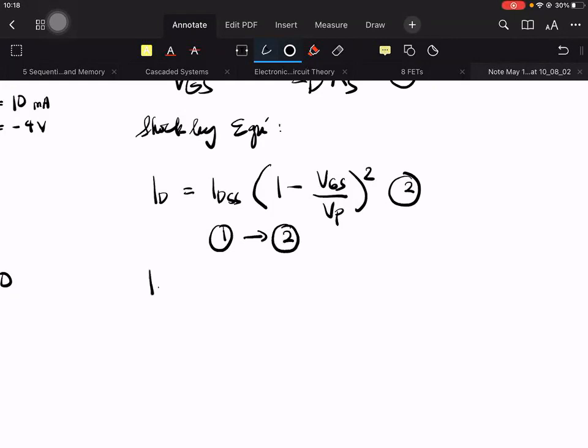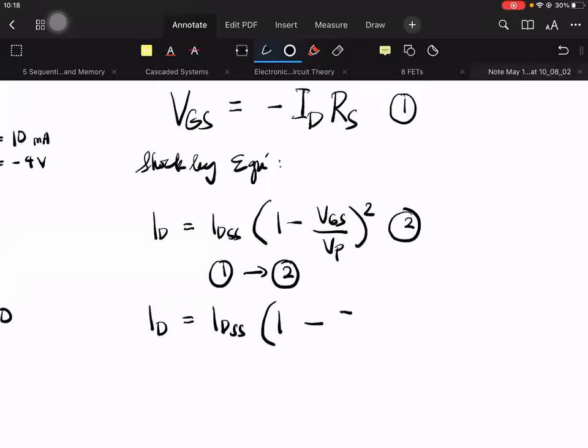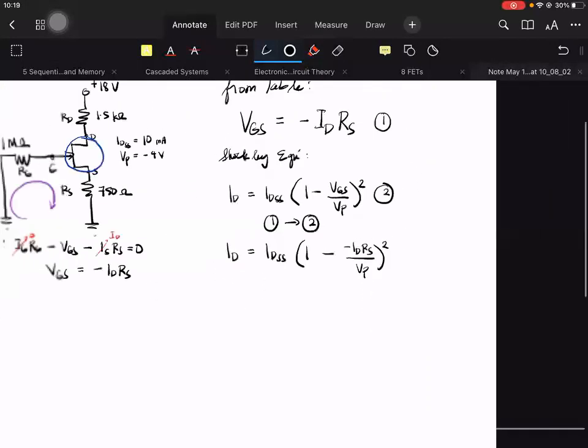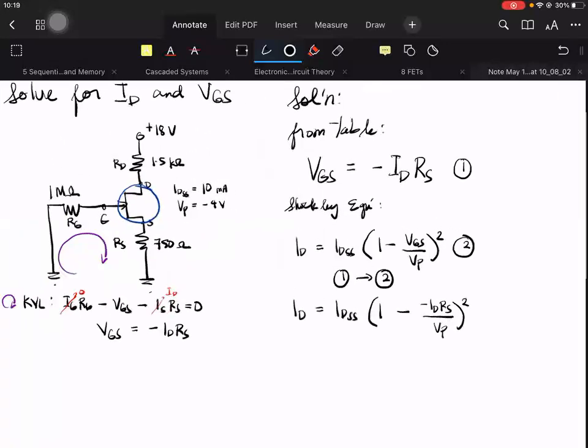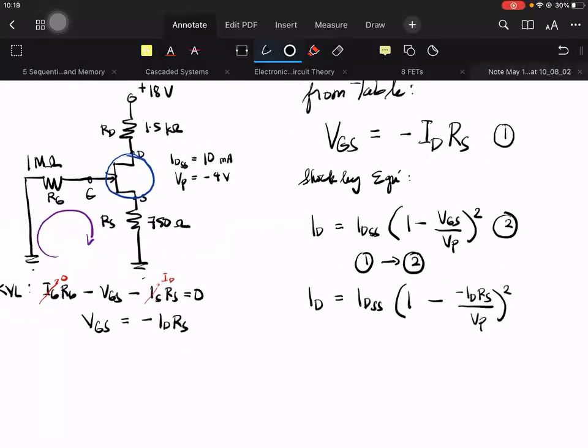It becomes ID is equal to IDSS times (1 minus negative ID RS over VP) squared. Now substitute the given values from the circuit.